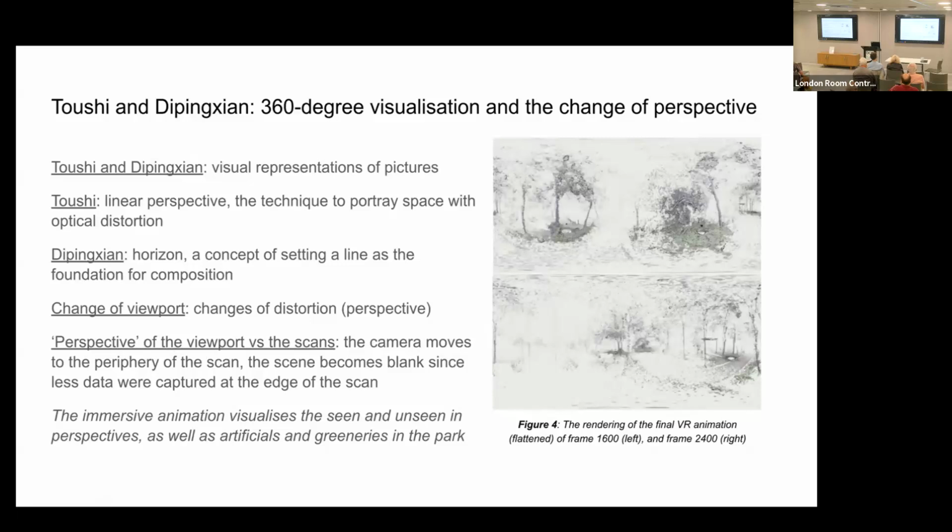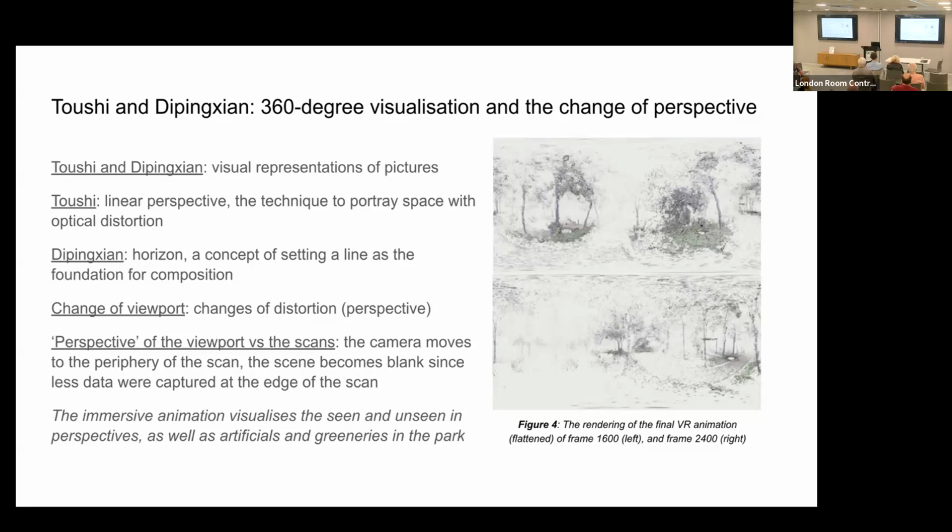So the closer the scanner, the more data are captured, and vice versa. So it contributes to a second degree of perspective: the farther the scans, the less data are captured.